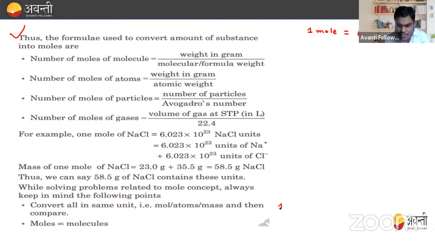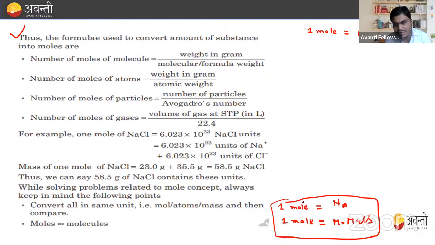And 1 mole is also equal to Avogadro number. And 1 mole is also equal to the molecular mass, right? So from these two equations, we get to know that molecular mass is nothing but the mass of 6.023 into 10 to the power 23 atoms.